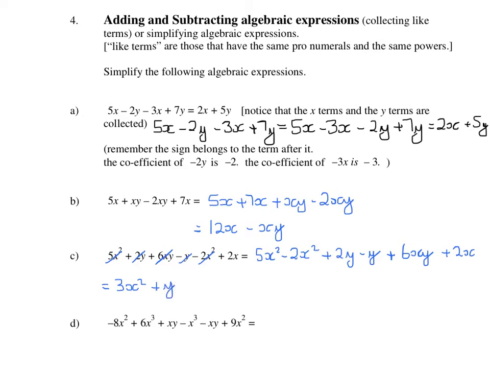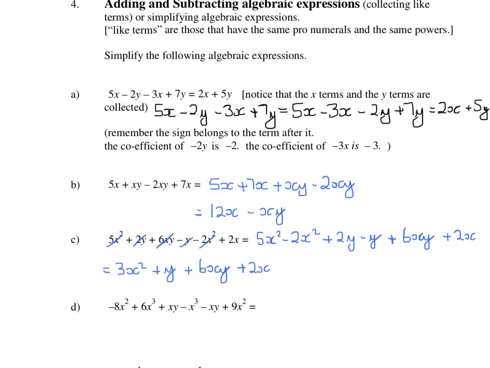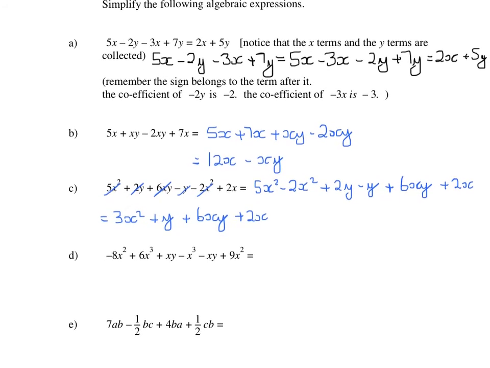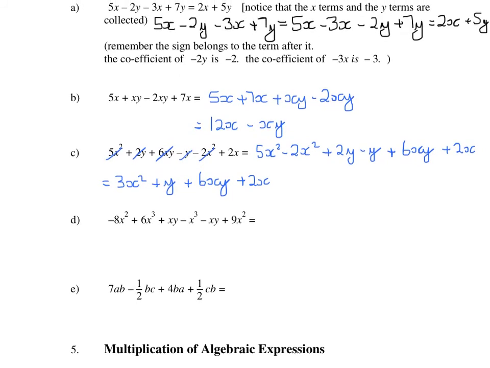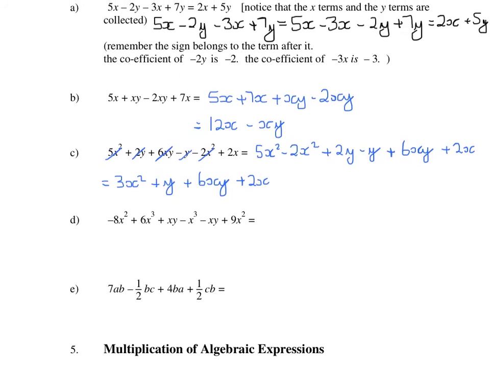Now because we can't add or subtract any other xy terms, we've just got plus 6xy plus 2x. So that's as simple as we can make that particular expression. Moving on to the next one. That starts to get a little more difficult. So let's have a look.